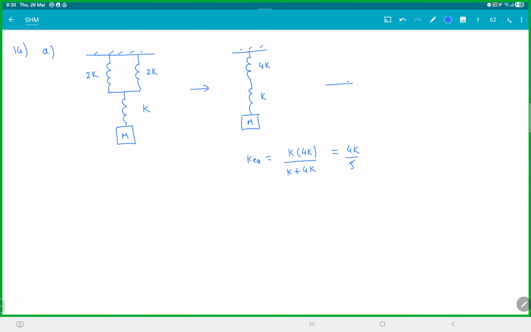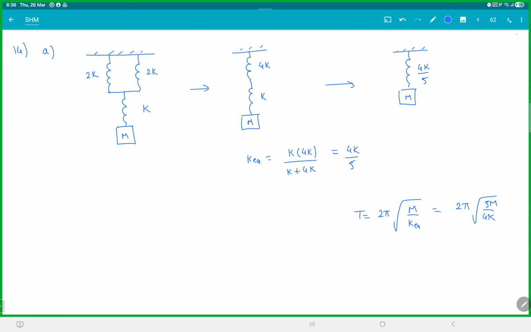That means this whole system can be replaced with one spring whose spring constant is 4k by 5. If you have one spring and one block, the time period is 2 pi root over m by k equivalent, so 2 pi root over 5m by 4k. Easy? That's a straightforward one.